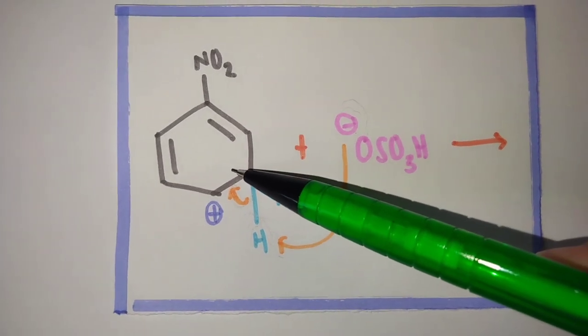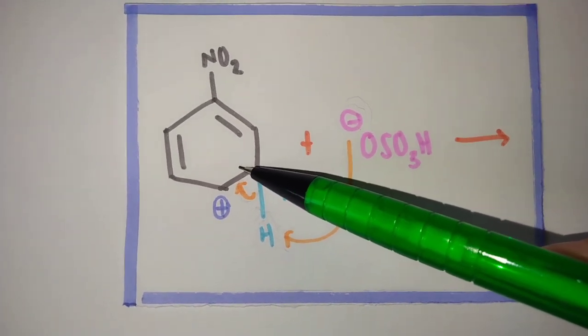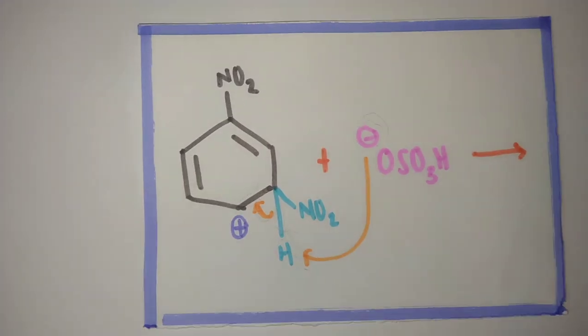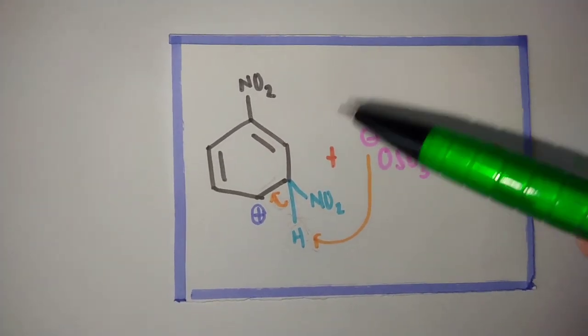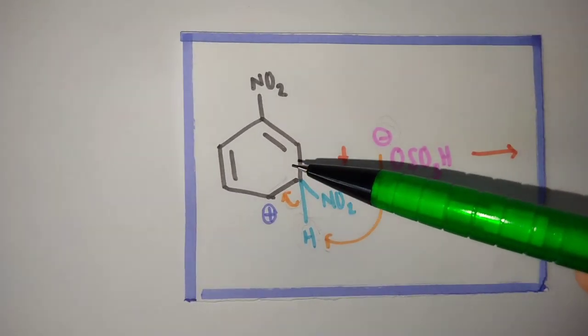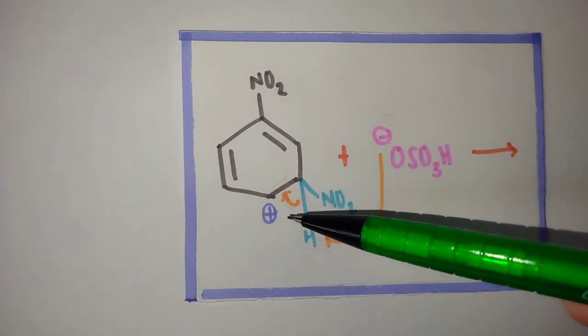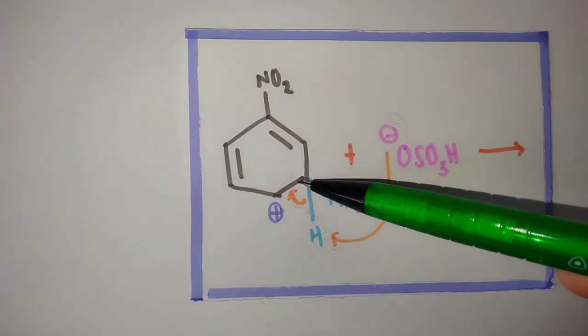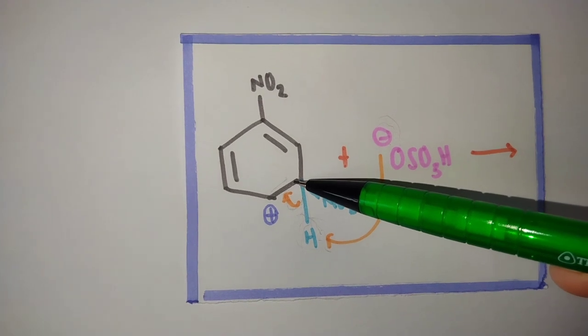So it will form a new pi bond here. The proton transfer forms a double bond between the carbon atoms, restoring the ring's aromaticity.